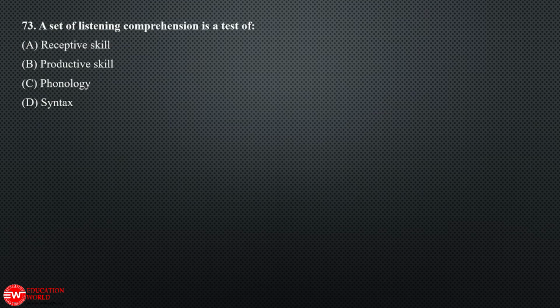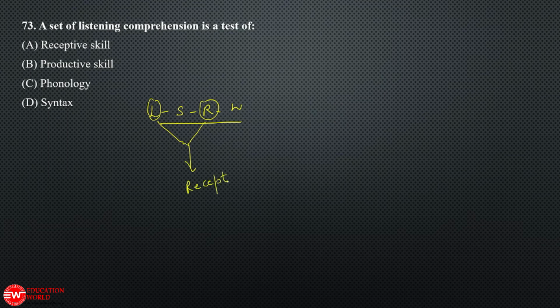Next question is, a set of listening comprehension is a test of what? We know very well there are receptive skills and productive skills. There are 4 skills: listening, speaking, reading and writing. Out of these 4 skills, listening and reading are the receptive skills.